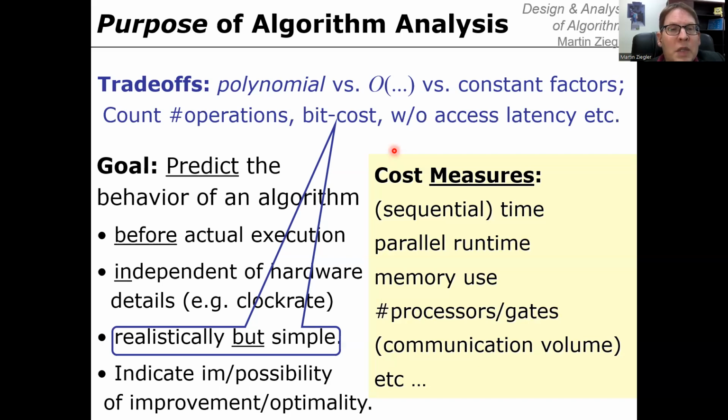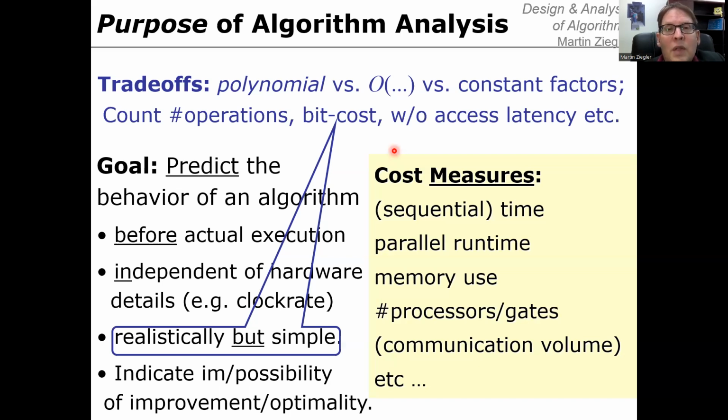For example, a cost measure could simply count the number of operations executed by the algorithm, or a more realistic but also more involved analysis could count the number of bit flips performed by the algorithm.